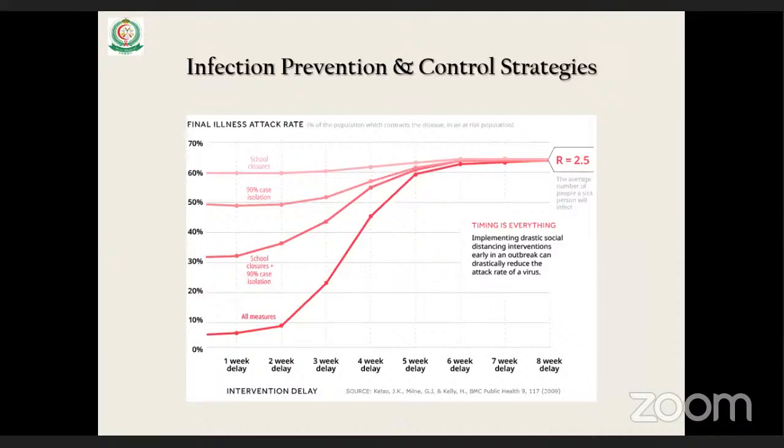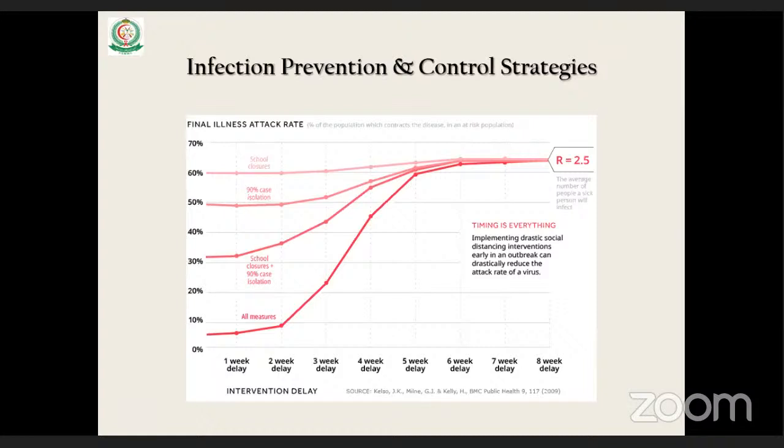Again, this is a graph taken during the influenza outbreak in 2009. Here you can see that if they close schools, the attack rate can be reduced to 60%. If they isolate 90% of the positive cases, the attack rate will be reduced to 50%. If they implement both, school closure and isolating infected cases, the attack rate will be reduced further to 30%.